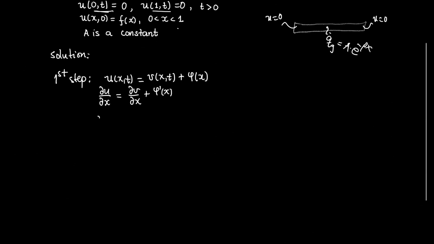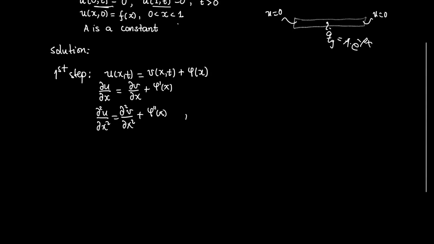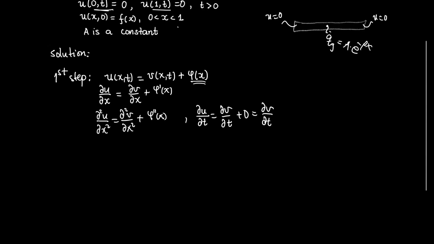Then the second derivative: the second derivative of v with respect to x squared plus the second derivative of phi. Then I also need the time derivative: partial of u with respect to t equals partial of v with respect to t plus phi. Phi just depends on x, so when I take the derivative with respect to time it gives me 0. So I just end up with partial v partial t. Okay, that's the first step.